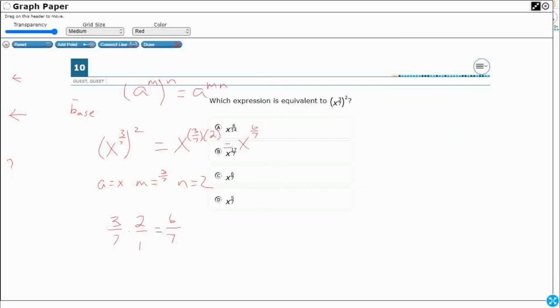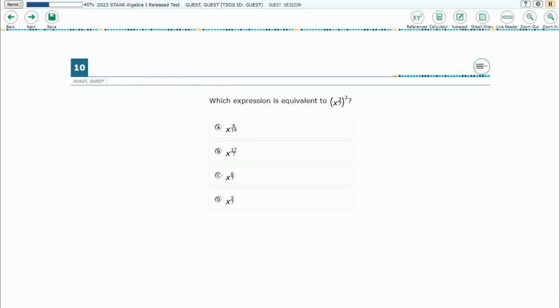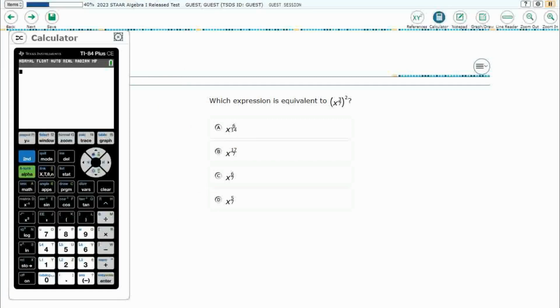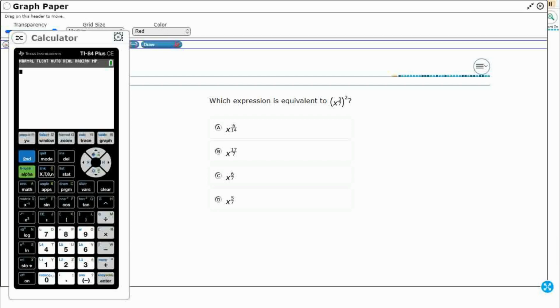Okay, so let's plug in a value for x. 1 is not going to do us much good, so let's say x equals 2. We're going to open up our calculator and figure out if x equals 2.